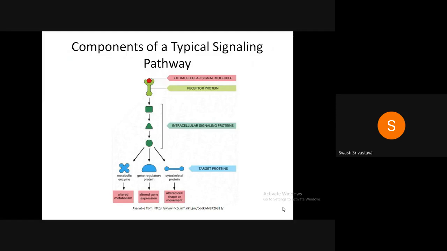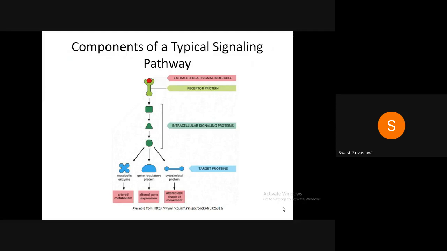In the case of a metabolic enzyme, the response will be altered metabolism. In the case of a gene regulatory protein, it may change the gene expression. In the case of a cytoskeletal protein, you find changes in cell shape or movement. So these are the typical components: the signal molecule, the receptor molecule, the intracellular signaling proteins, the target proteins, and the response.